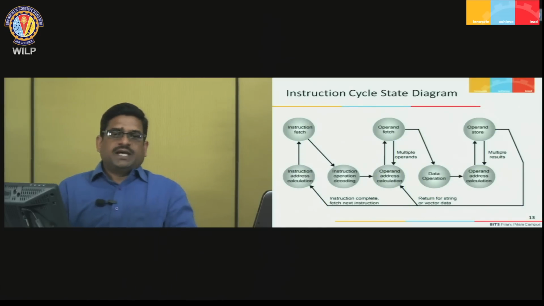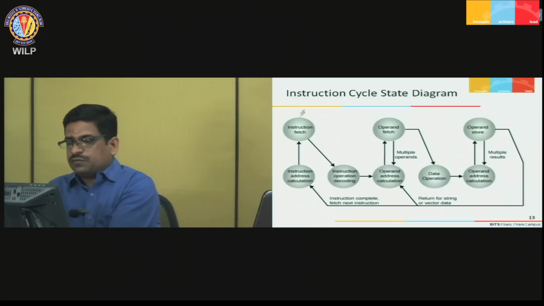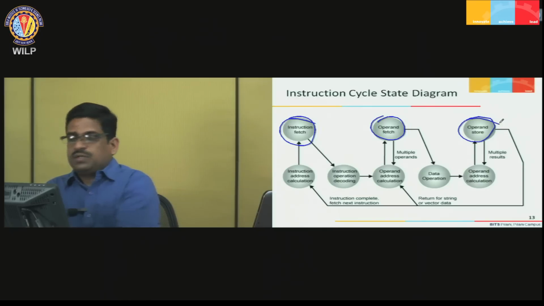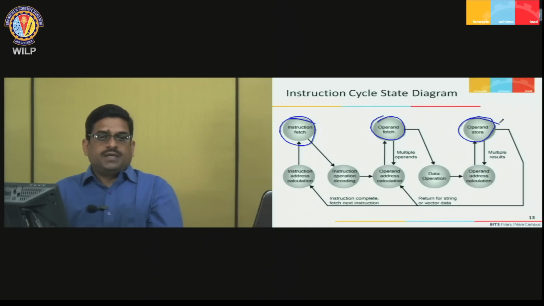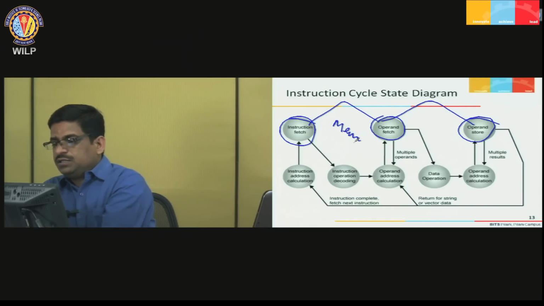So now we understood that instruction execution also is not a single atomic operation. In this diagram you can see the stages: instruction fetch, fetch operand, and operand store. These states require memory access.